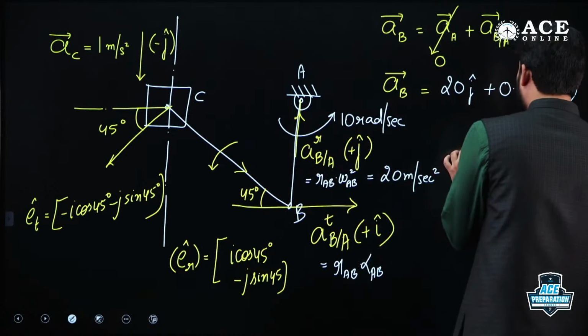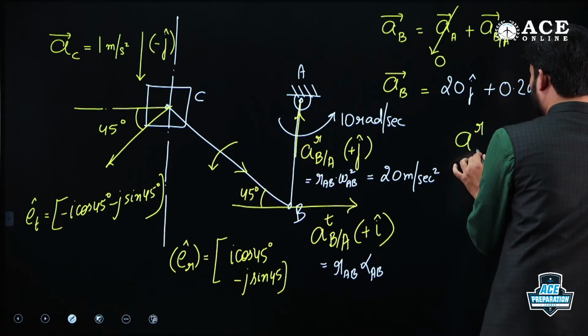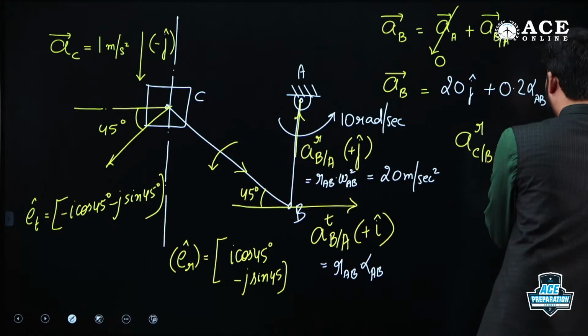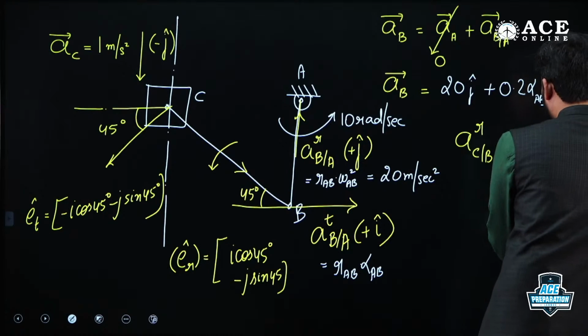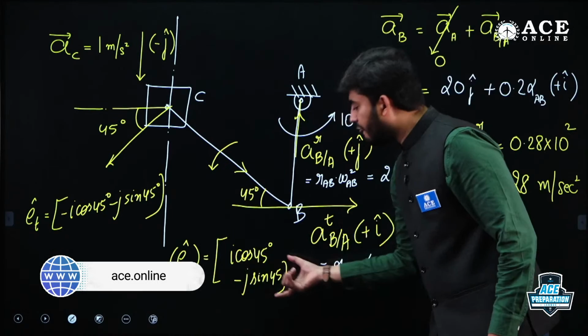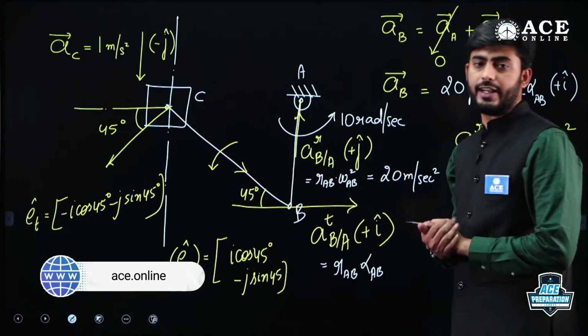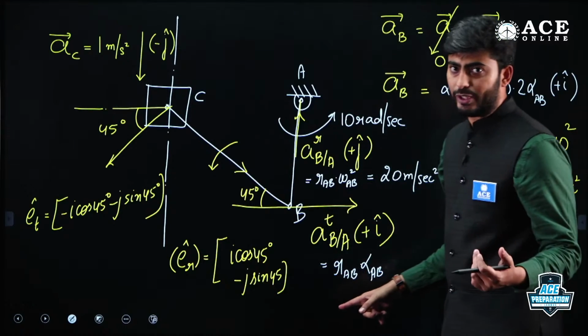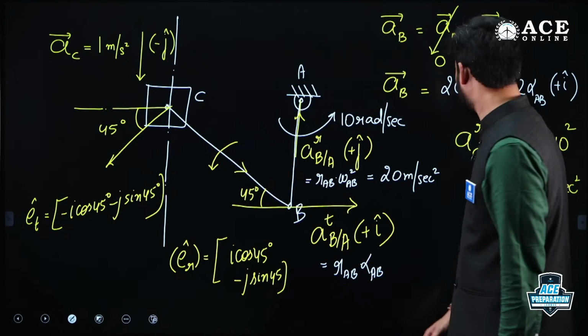Okay. So the radial component of acceleration of C relative to B is 0.28 into 10 square, that is 28 meter per second square. This will be the vector which is going to define the radial component of acceleration.